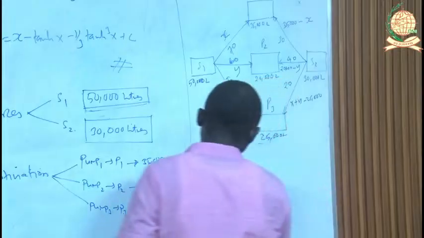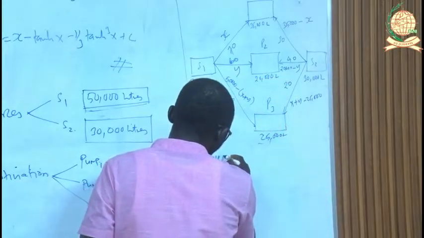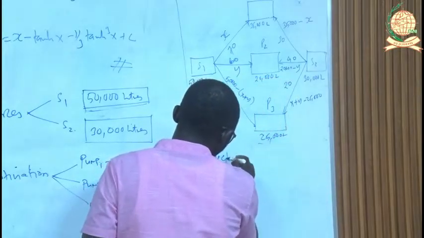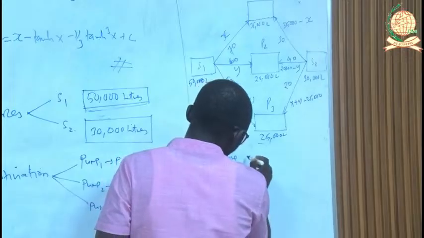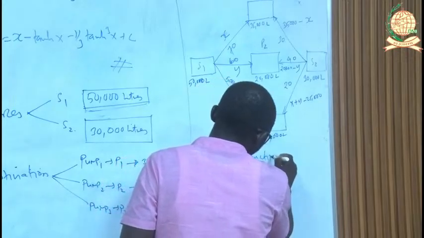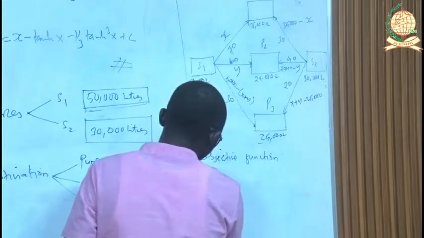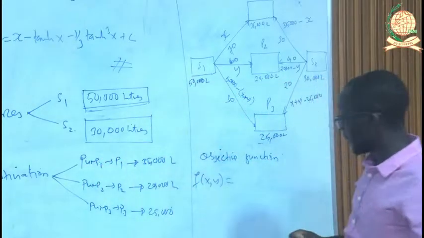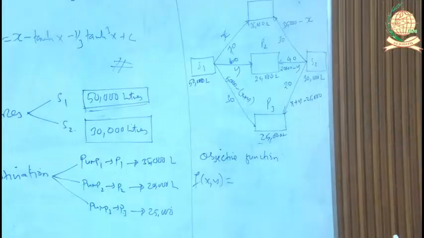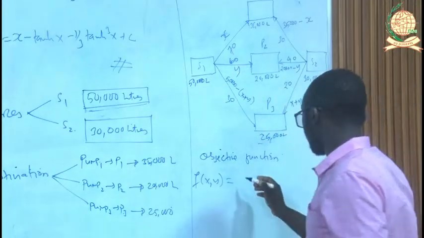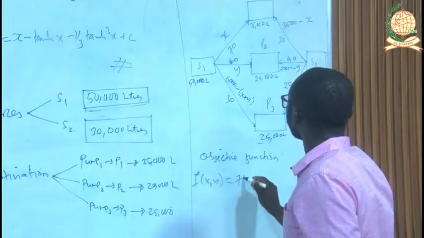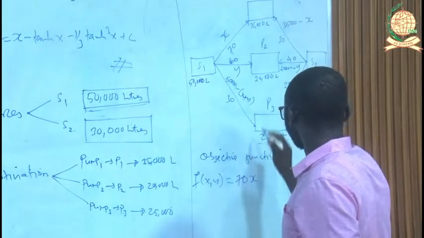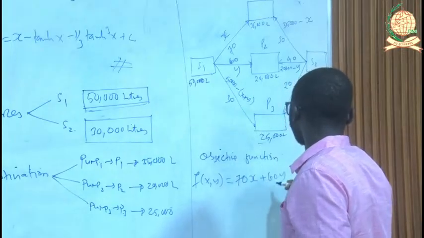So the objective function, you can write here, is written in terms of x and y, f(x, y). We're going to write it from this part here. We take 7 times x. From this side, we take 6 times y.